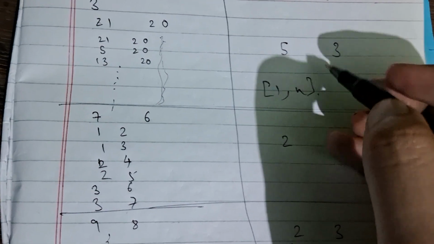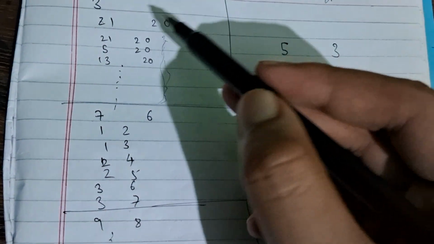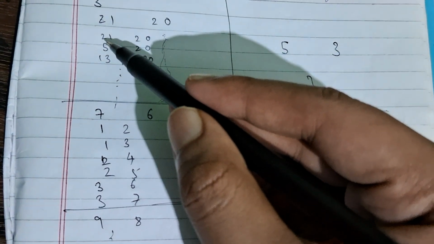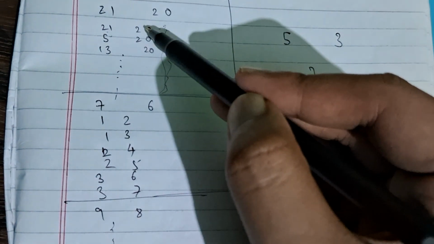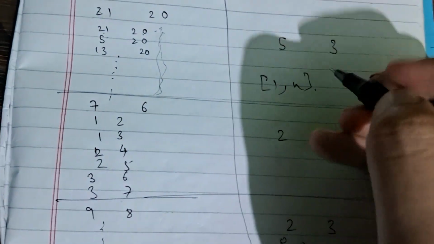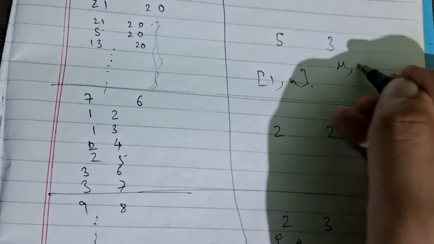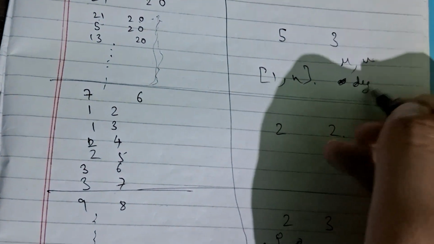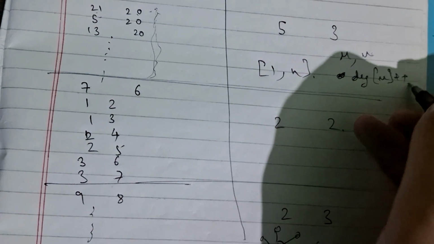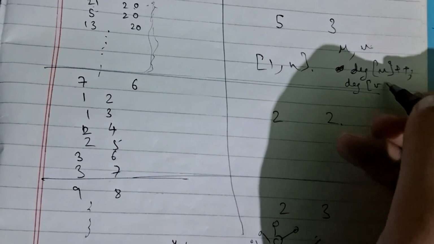Let's say there is an edge between 21 and 20, so that edge contributes 1 degree for 21 and 1 degree for 20. So for every u and v that we input, you have to do degree of u plus plus and degree of v plus plus. This is what the question demands.